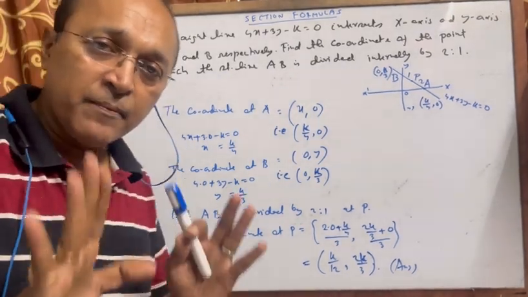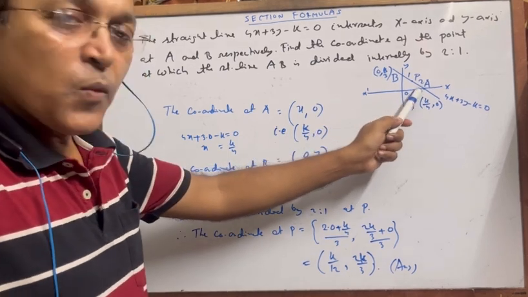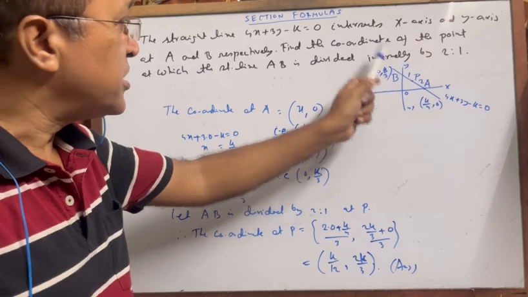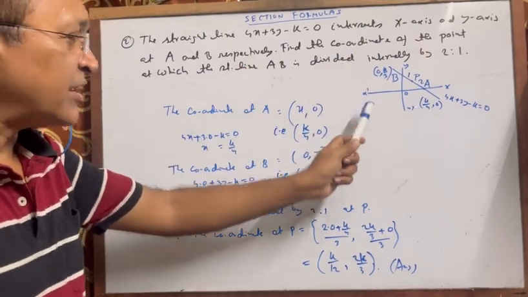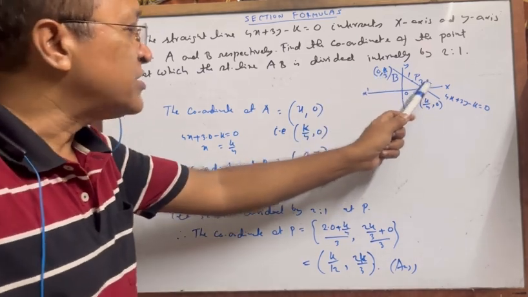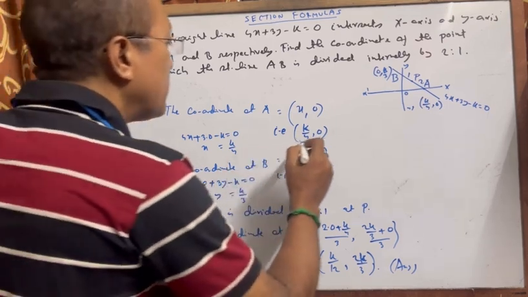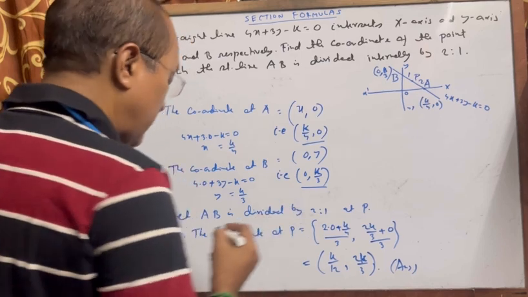Try to understand. First, we found the coordinates at A and B. Since this straight line intersects the x-axis and y-axis at A and B, by putting y is equal to 0 we found k by 4 and 0, and by putting x equal to 0 we found 0 comma k by 3.